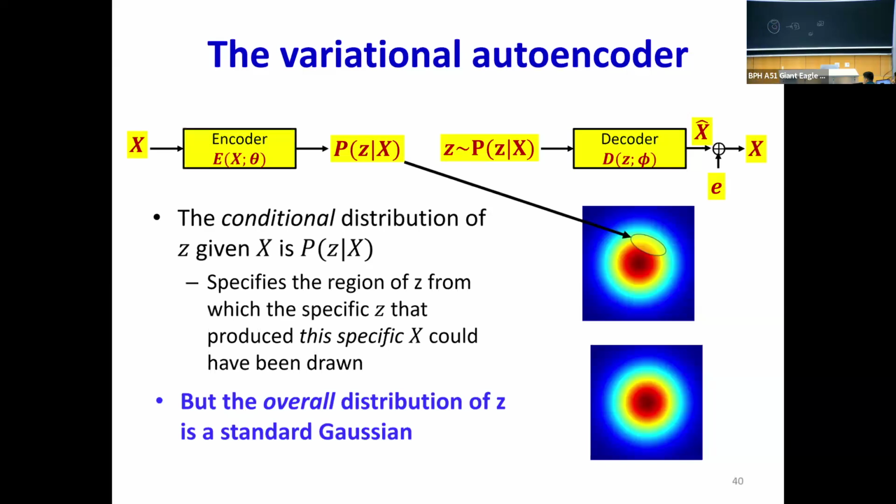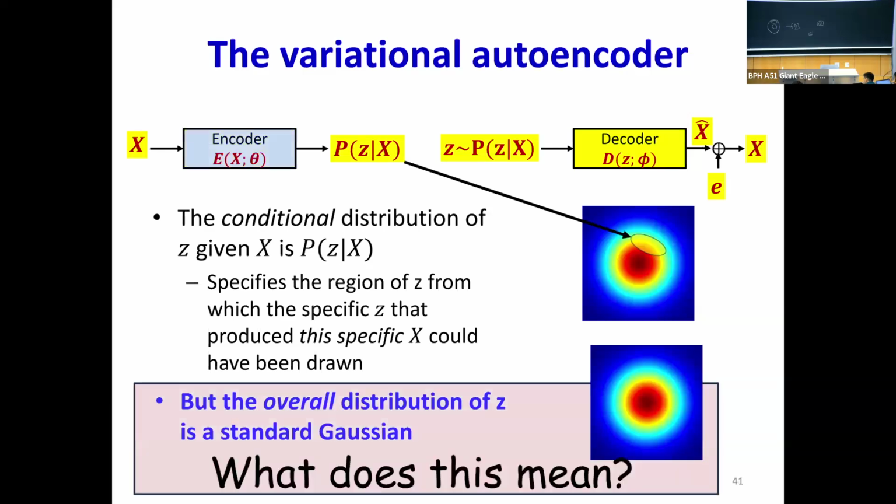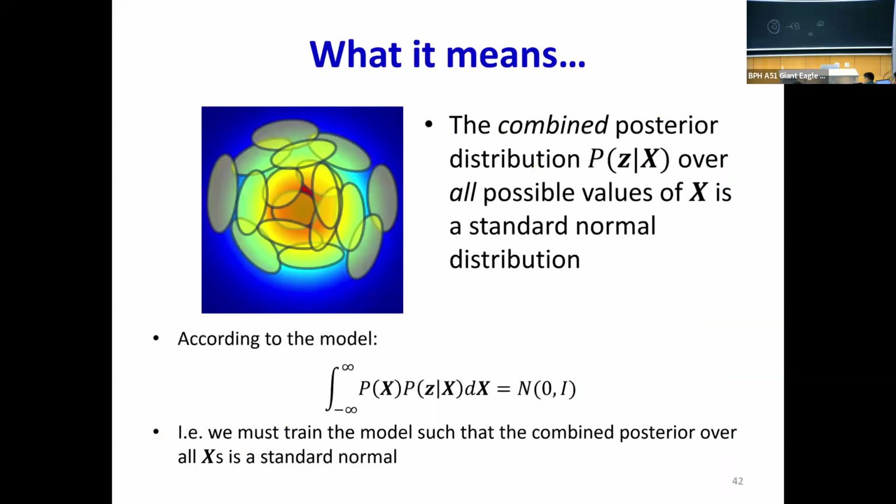So how do these two combine? Here's what it means, right? What does it mean for the overall distribution of Z to be a standard Gaussian, but the conditional distribution of Z for any given X is some localized region? What this really means is that if I take every possible face, right?